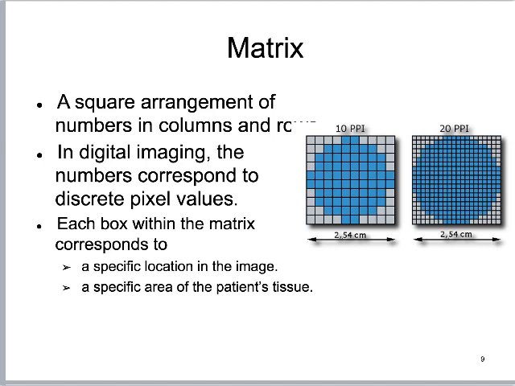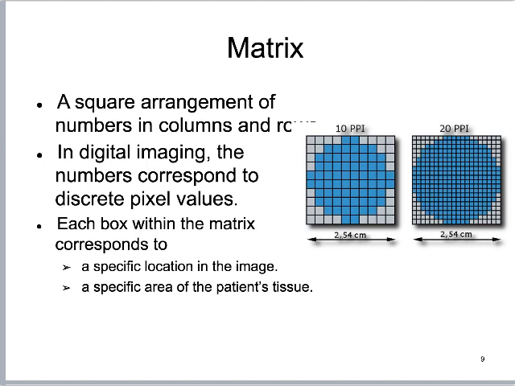For digital imaging purposes, those numbers on the matrix correspond to a specific pixel in there. It corresponds to a specific part of the patient's anatomy, right? So I can call up a pixel number like Y12X2, and I would land on some pixel there, and I would be able to see what the gray value is at that pixel, what the bit depth is at that pixel.